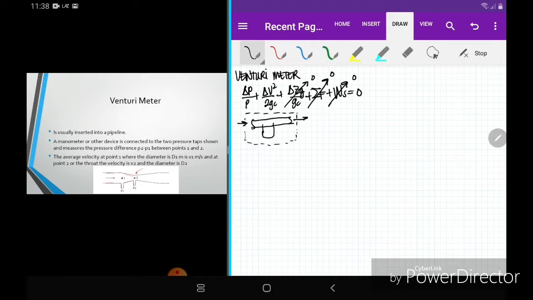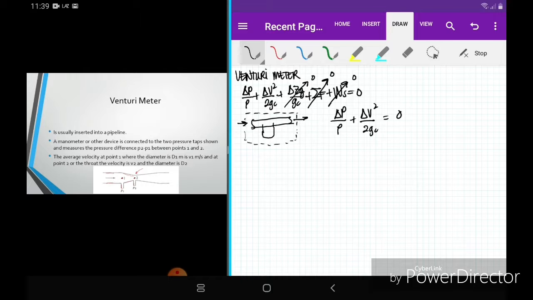So therefore, this will become 0 also. Okay. Now, leaving us with a formula delta P over density plus delta V squared all over 2G sub C is equivalent to 0. Siyempre, mawala yung G sub C kapag SI.